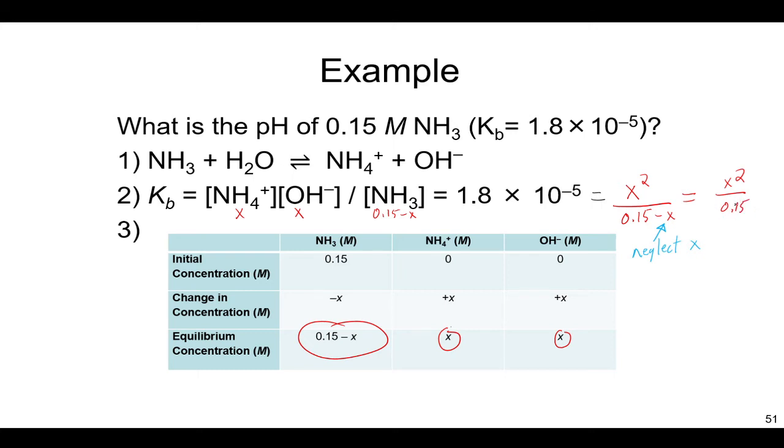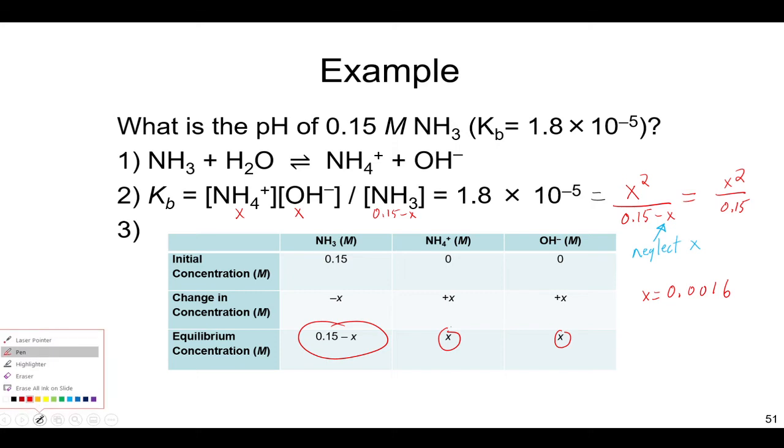I multiply both sides by 0.15, and it'll drop out here. And I'll be left, after rearranging and taking the square root of the result, that x equals 0.0016. Again, that's 1.8 times 10 to the negative 5 times 0.15, and take the square root of the result. That gives me my x value here of 0.0016.